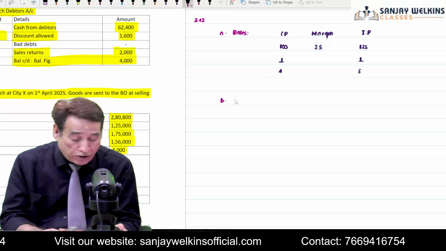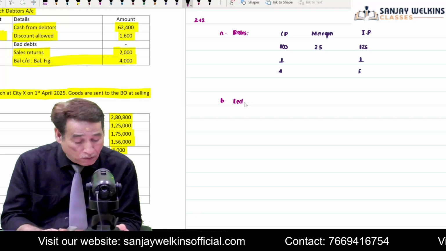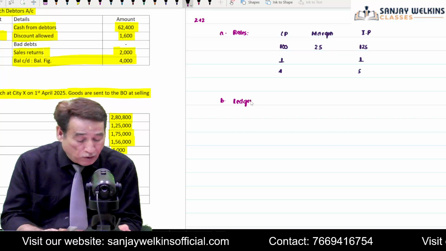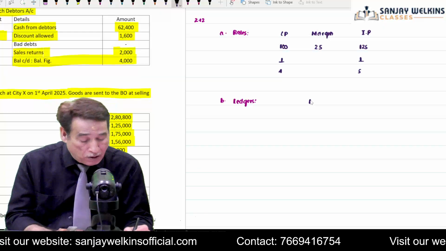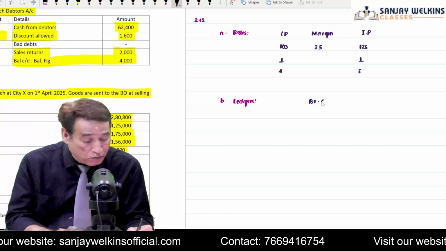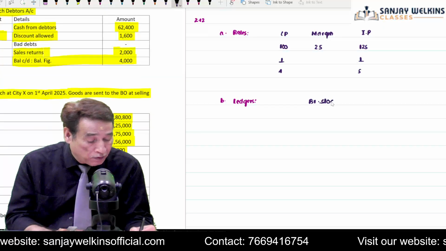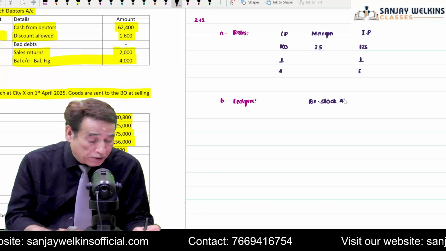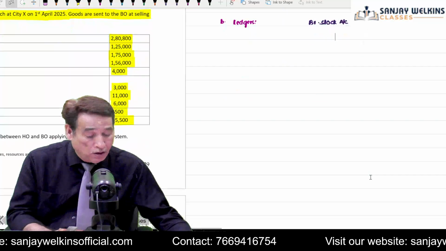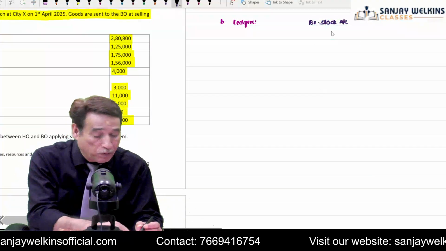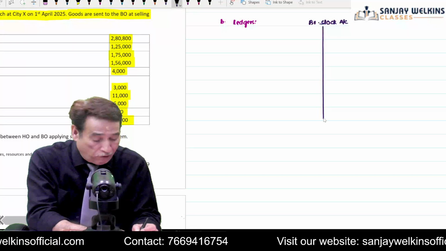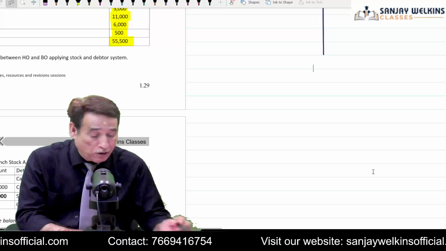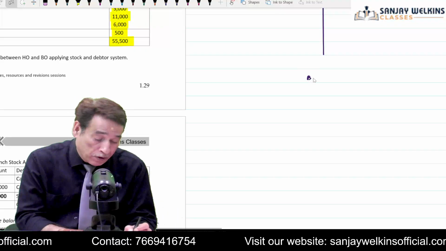Now we will prepare the ledgers. In this particular case, we write the branch stock account, then we are going to prepare the branch adjustment account. All these are formalities which we need to carry out.